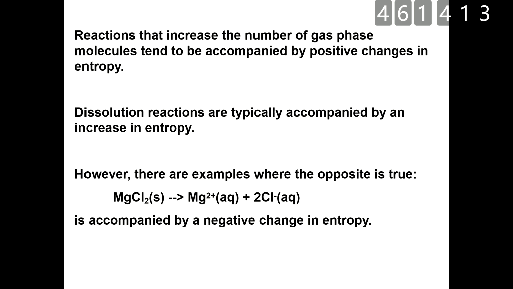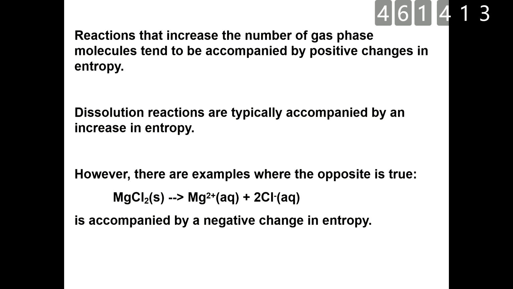For the total entropy, the total entropy should be equal to the entropy change of the substance, the metal and chloride, plus the entropy change of water. The ions increase their entropy, but for the water it reduces.